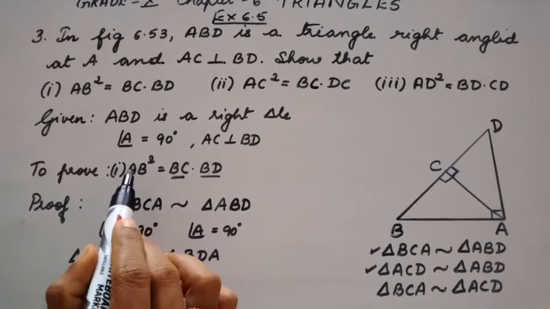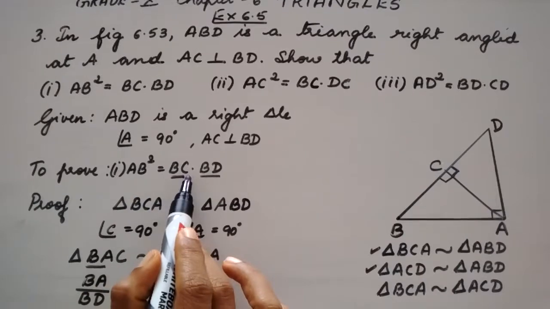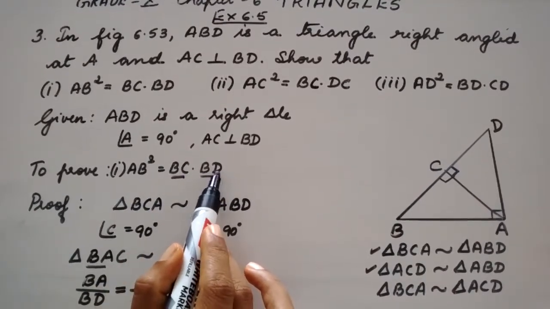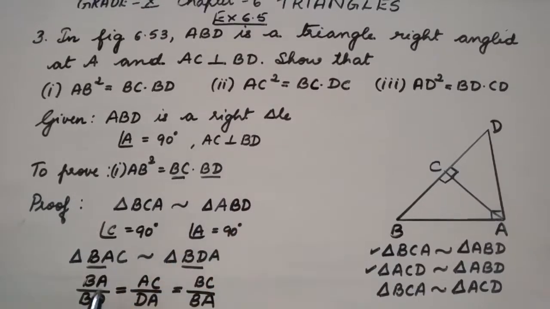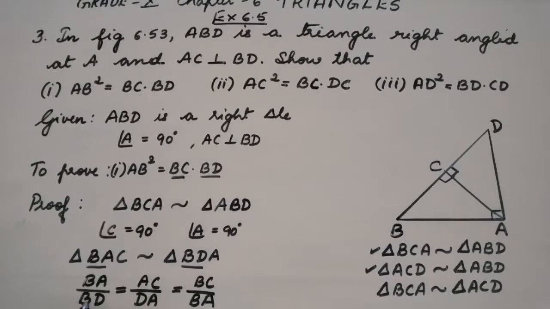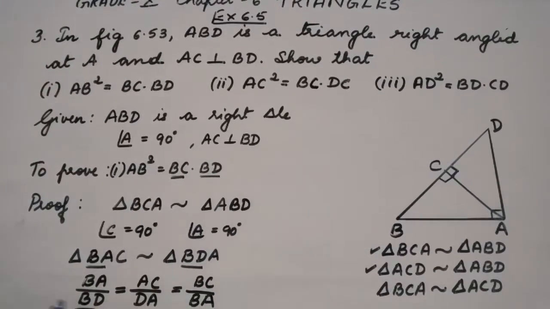To prove AB square is equal to BC into BD, we need sides AB, BC and BD. So let us take these two sides.